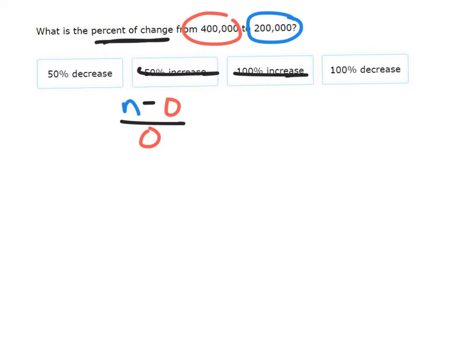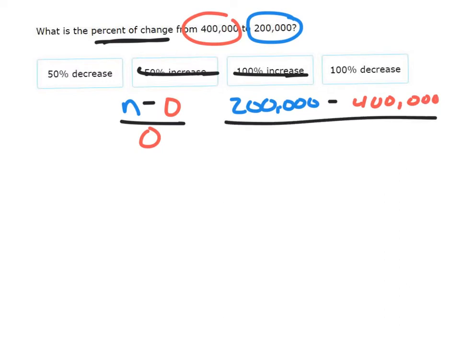So I substitute my values in. My new was 200,000 minus my original, which was 400,000, and all of that is going to be written over 400,000.